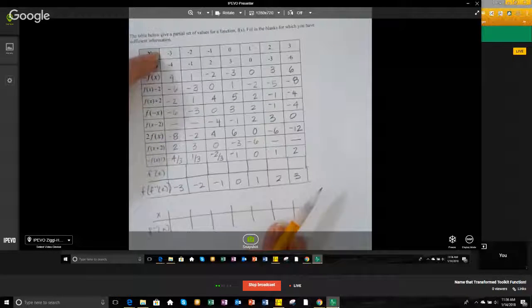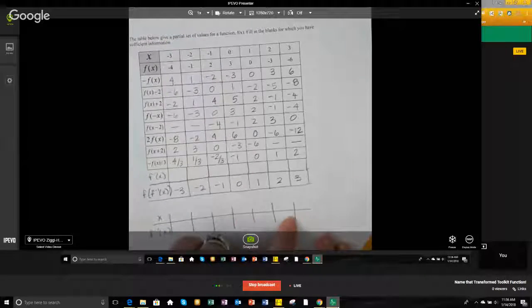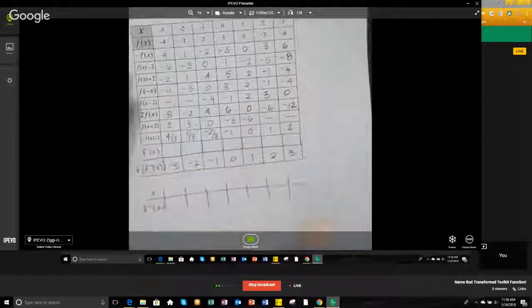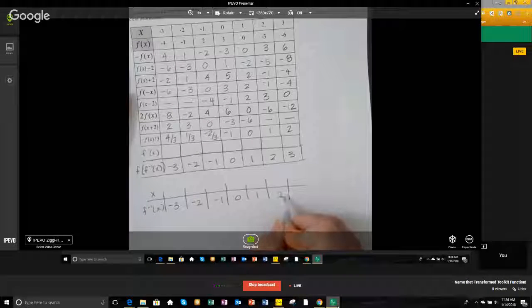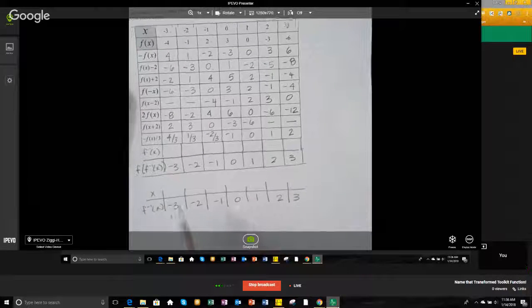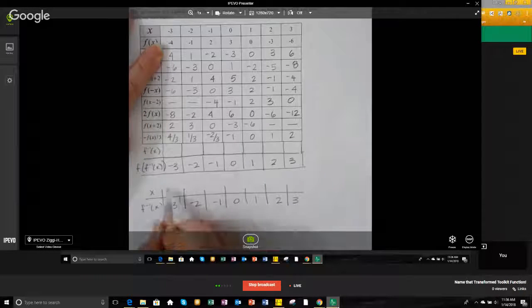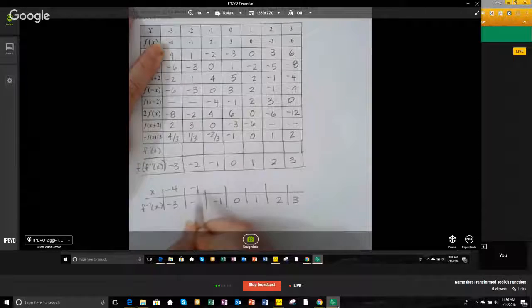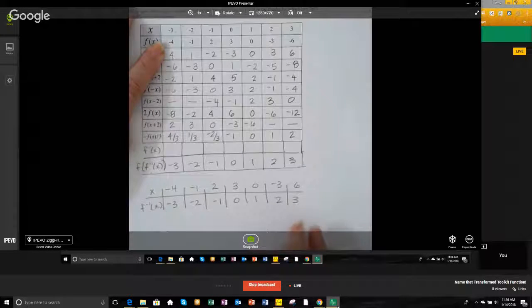So I'm going to take all the x values here and put them in the y for the inverse. So let's do that. That's going to be -3, -2, -1, 0, 1, 2, 3. And then I'm going to put all of the y's in the x column. So I'm going to put all of this row in there. So it'll be -4, -1, 2, 3, 0, -3, 6.